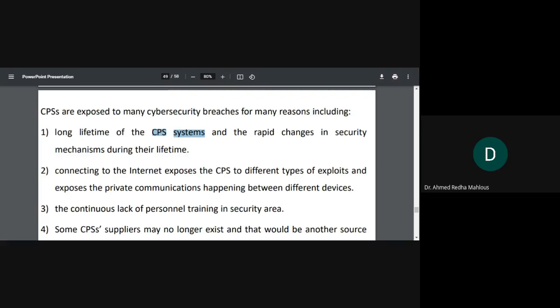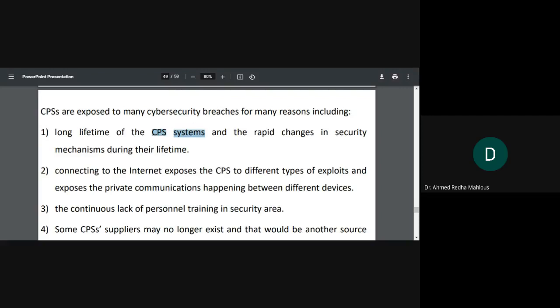In the computer and IT field, nothing is stable. It keeps increasing and developing as technology advances. The hackers and attackers are developing new ways of attacking CPS. So compare this with the mechanism of a CPS system that has been running for many years with the same process, in the same way.